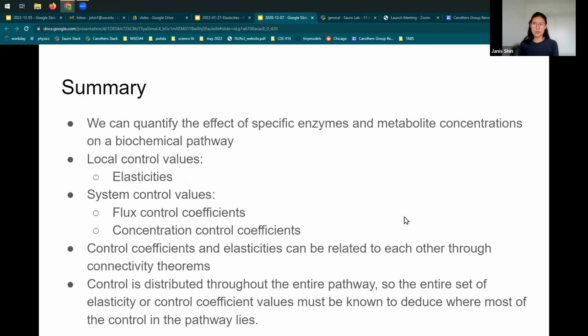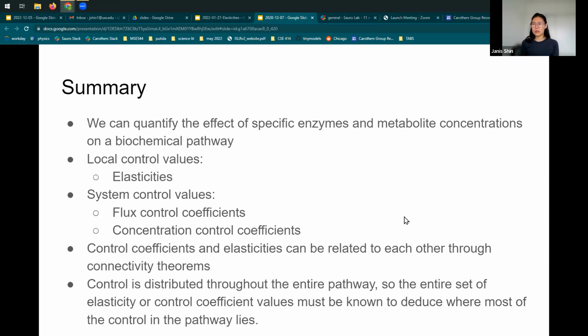So to end this talk, all in all, we can quantify the effect of specific enzymes and metabolite concentrations on a biochemical pathway. We can know the local control values through elasticities, or we can also find the system control values, such as the flux control coefficients and the concentration control coefficients.